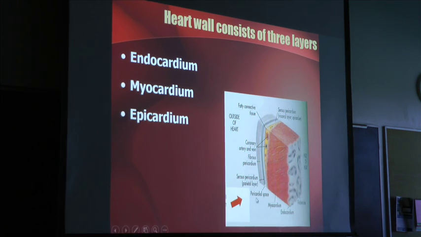Let's see, it says pericardial space. It says parietal layer here. Does it say visceral anywhere? On the top. So the visceral layer, the parietal layer, and in between, it's called the pericardial space. But is there really a space there? No. It's just filled with a little bit of fluid.